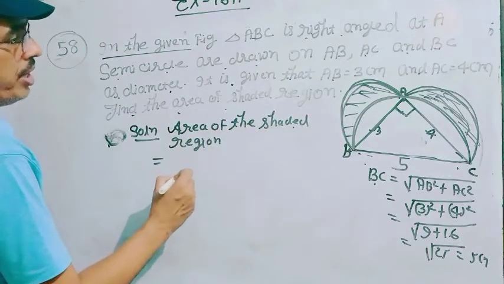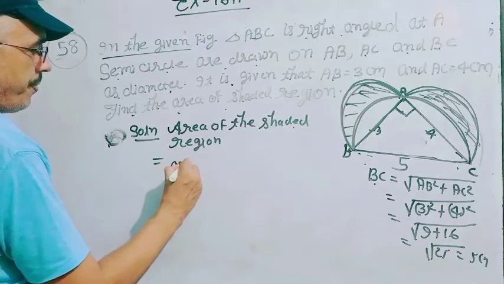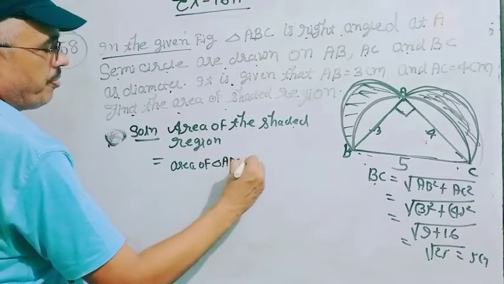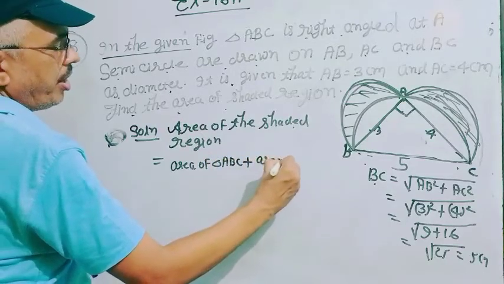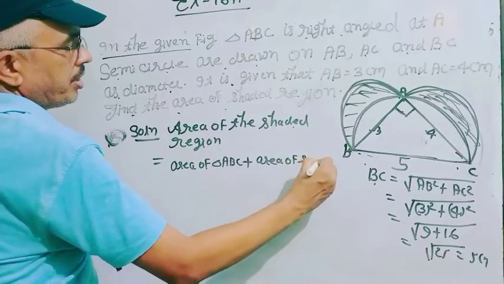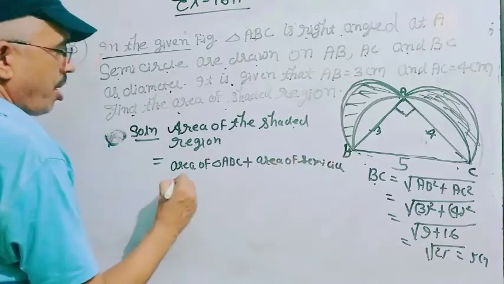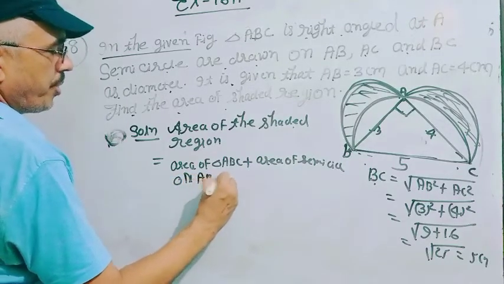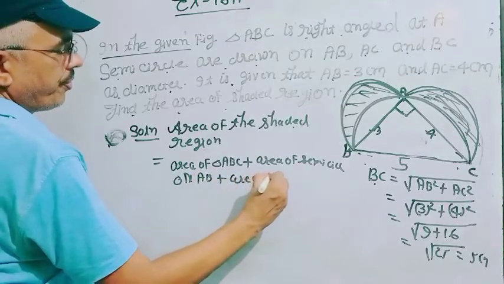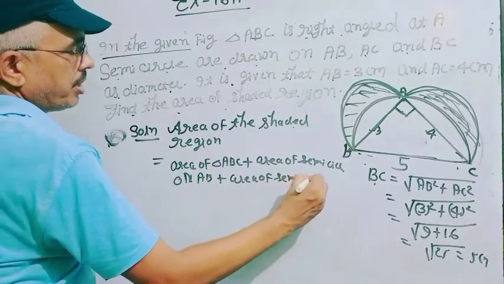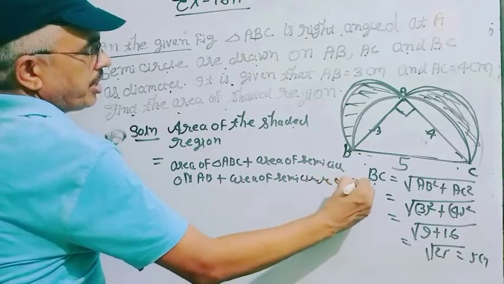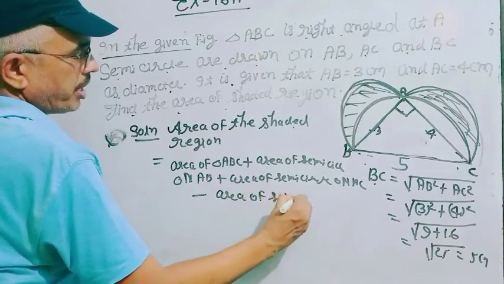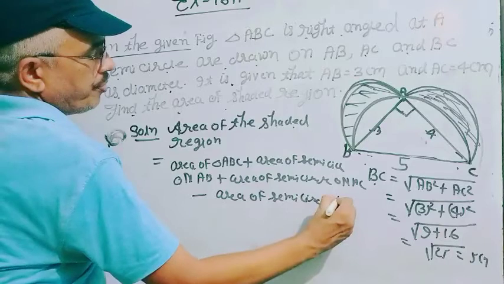After that, what is the area of the shaded region? It is equal to the area of triangle ABC plus area of semicircle on AB plus area of semicircle on AC and minus area of semicircle on BC.